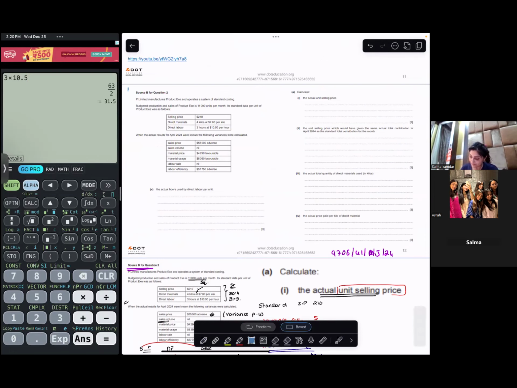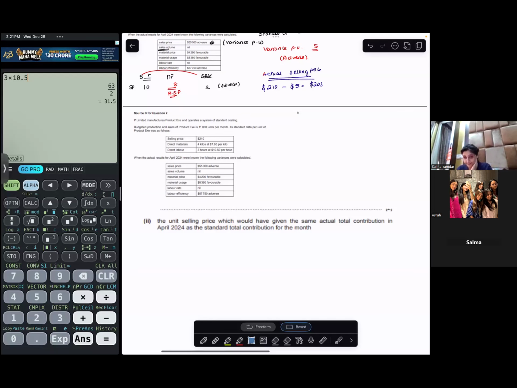The unit selling price, which would have given the same actual total contribution in April 2024, as the standard total contribution for the month. What does this mean?